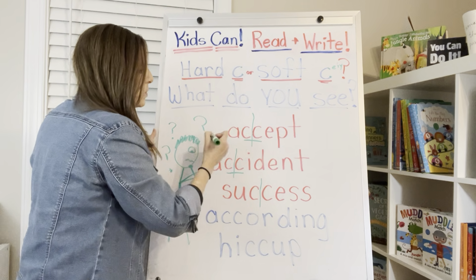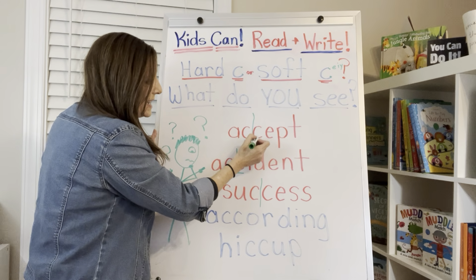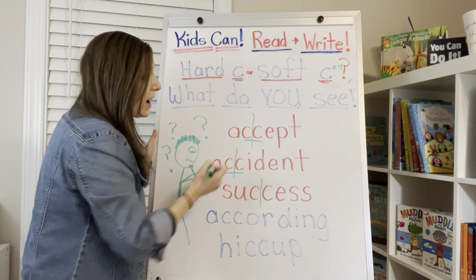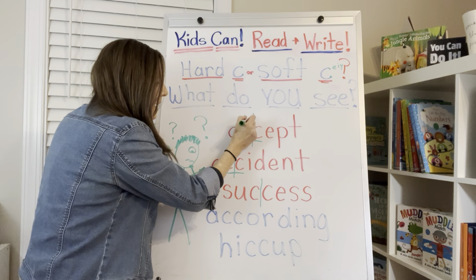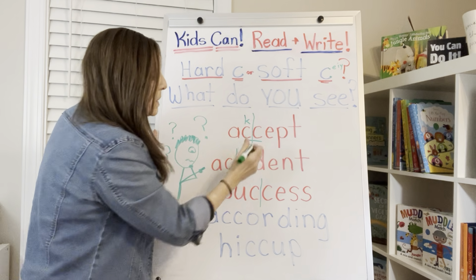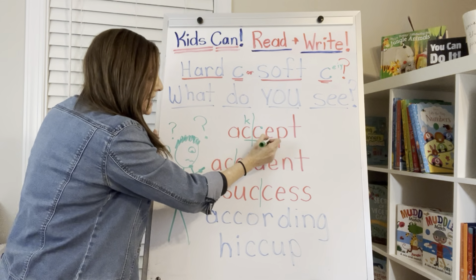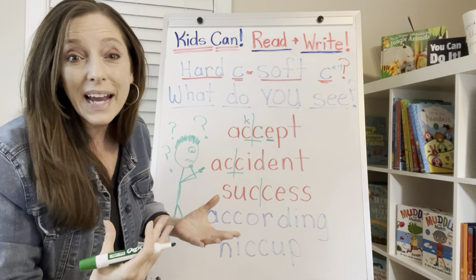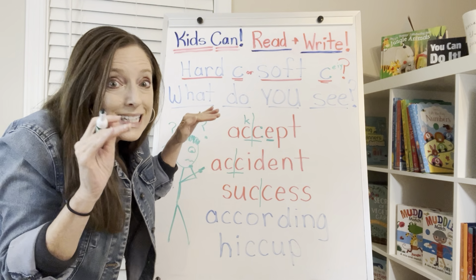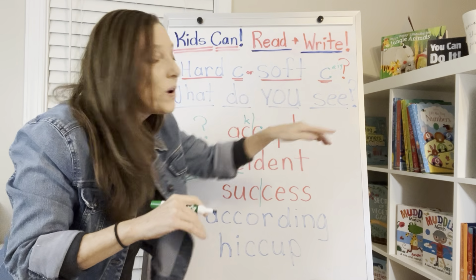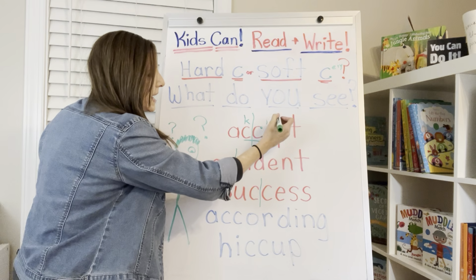So let's see how that works here. You want to look, is this C touching an E, I, or a Y? No. So this one sounds like a K. K. But look at this one. There are his arms touching that E, I, or Y. So that one is going to sound like this snake because he's sneaking up on the E, I, or Y, and he goes S, and makes them shout out whatever they were saying in the word.